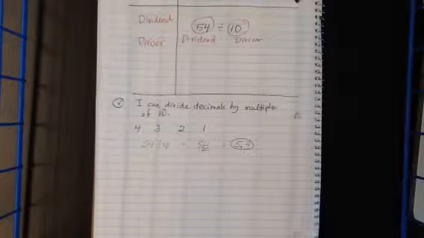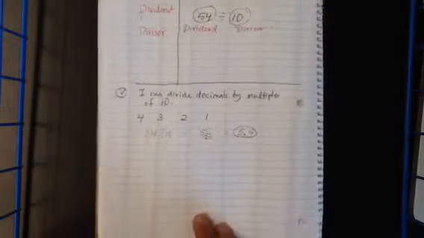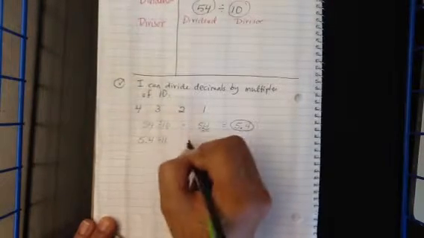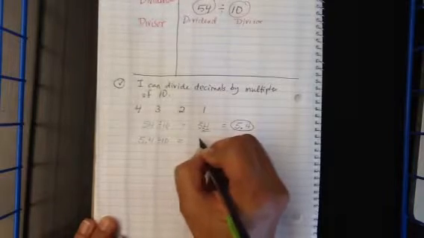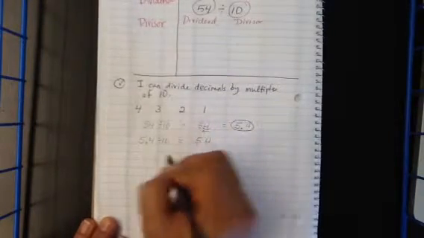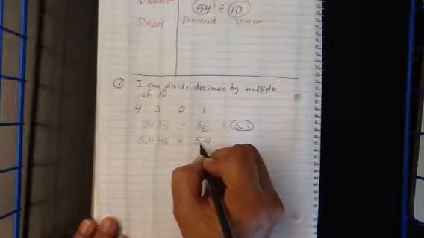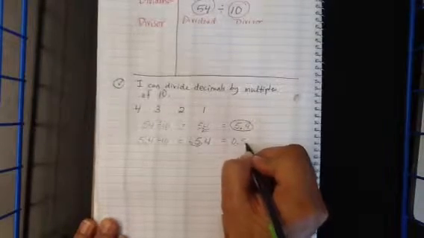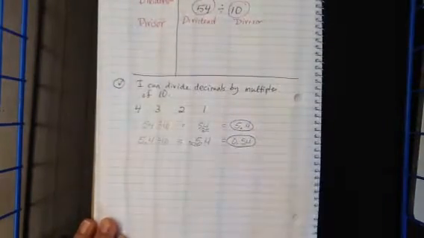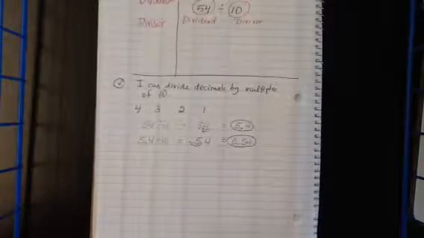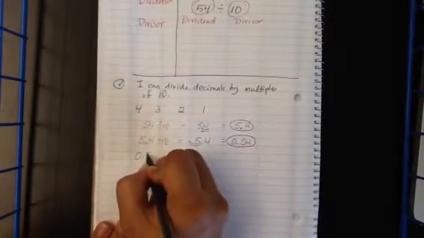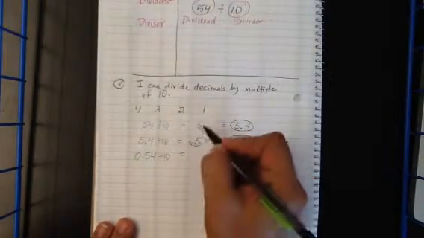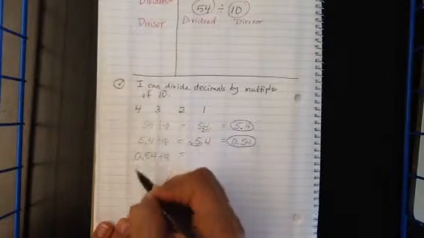Okay, that's our quotient. Our next problem is 5 and 4/10 divided by 10. We know that our decimal is in between the 5 and the 4. 10 has 1 0, so we're going to move it to the left 1 spot, giving us a solution of 54 hundredths. Okay. Our next problem would be 54 hundredths divided by 10. And you can already see the pattern of what's happening with our numbers and where that decimal is moving.